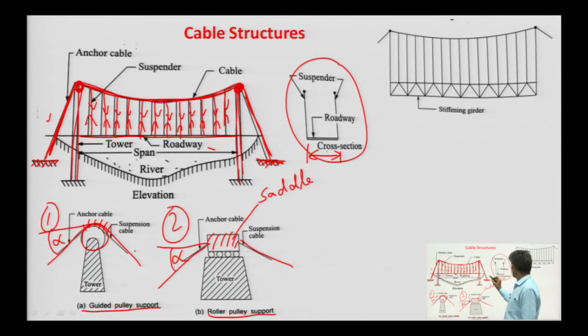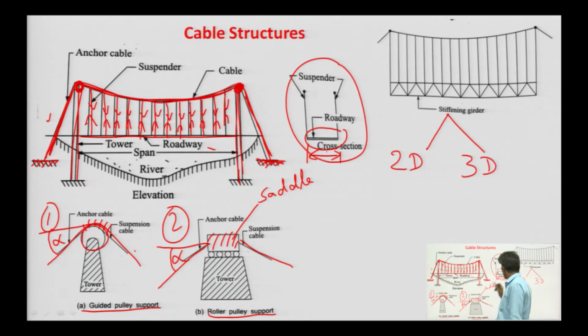Okay. And one more thing, this roadway can be stiffened, by means of either 2D or 3D. It is stiffened, this one, this is actually a girder, the beam, but it is stiffened.